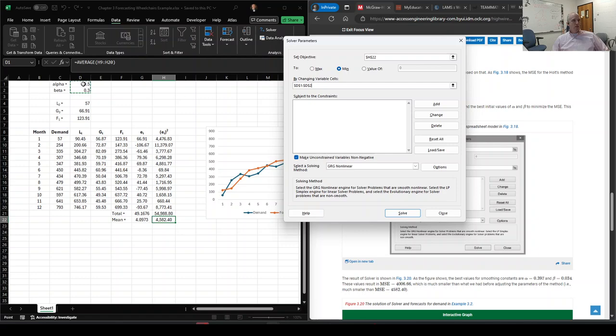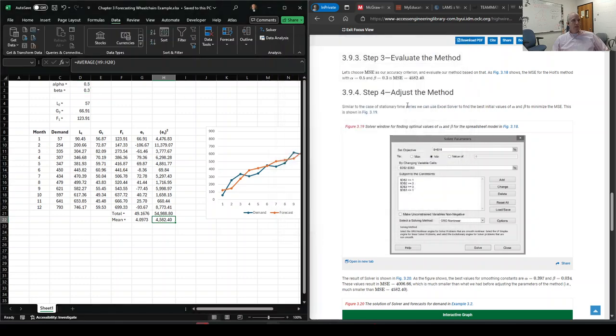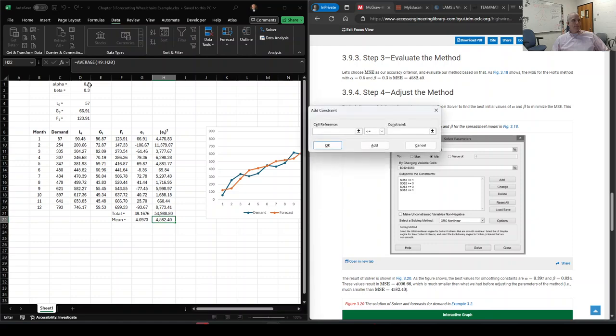But I need to add constraints to say, okay, look, my alpha has to be less than or equal to 1. My alpha has to be greater than or equal to 0. Right? It's got to be between 0 and 1. And the same thing for my beta.